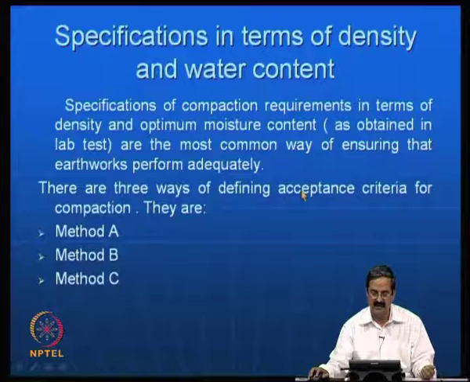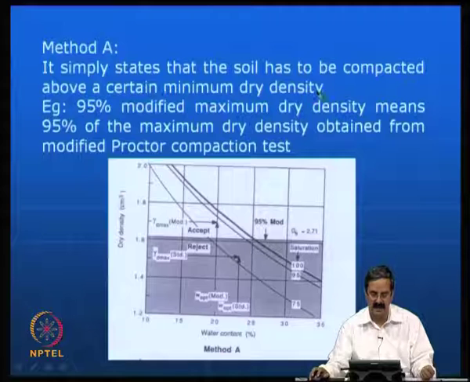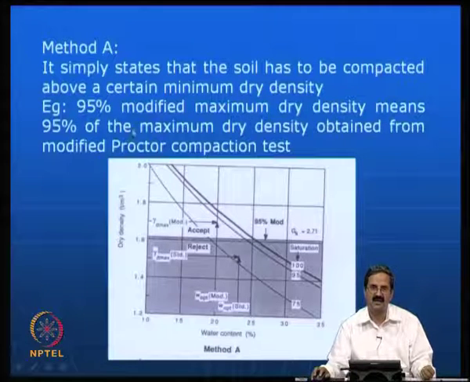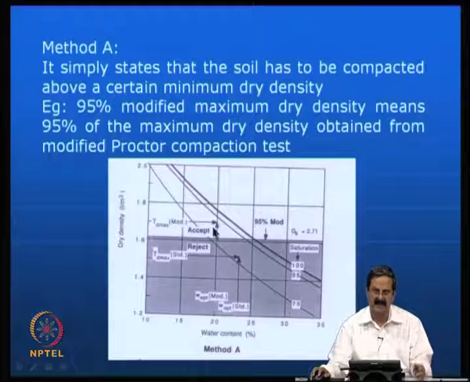So there are three ways of defining the acceptance criteria: method A, method B and method C. Method A simply states that the soil has to be compacted above a certain minimum density. Say for example, this is the water content versus dry density. You just simply say that this is the line I will accept, whatever points are above that are acceptable, not below. So you are saying only the density is the criterion.